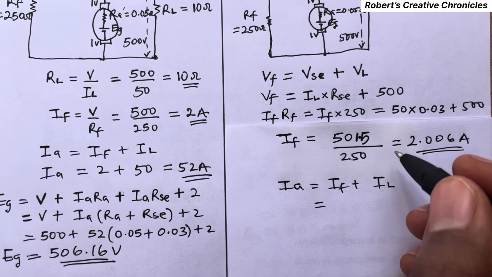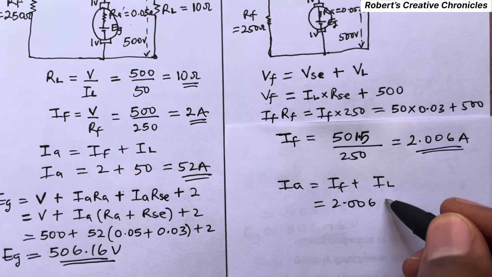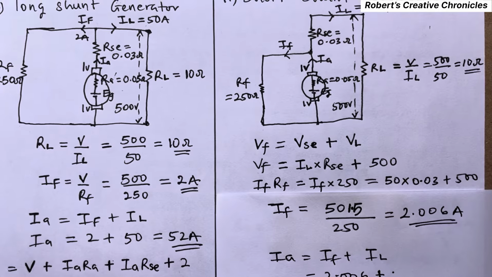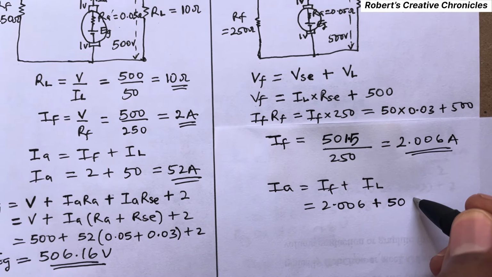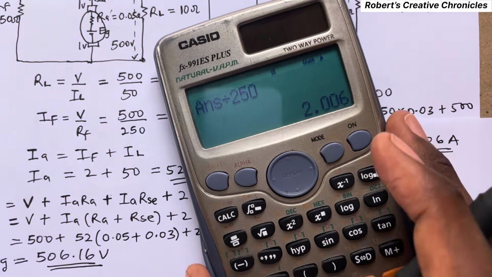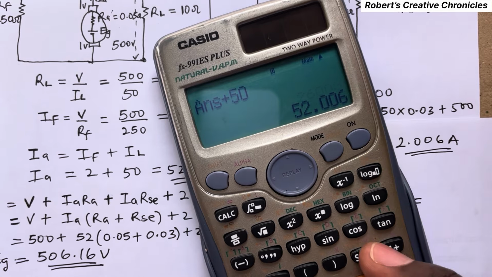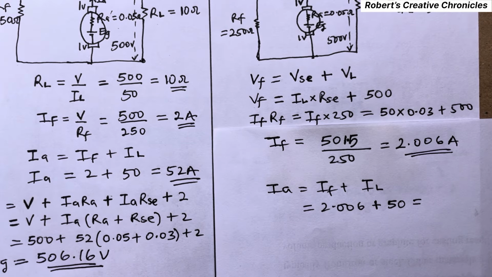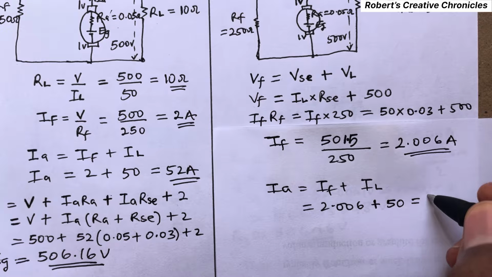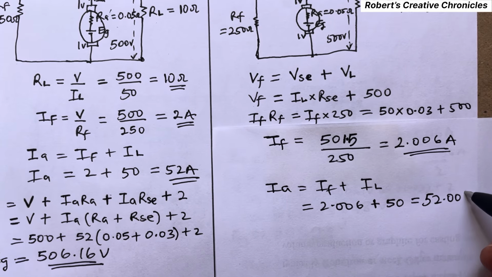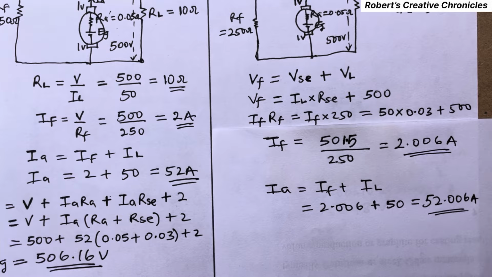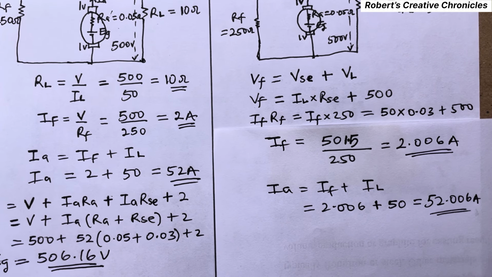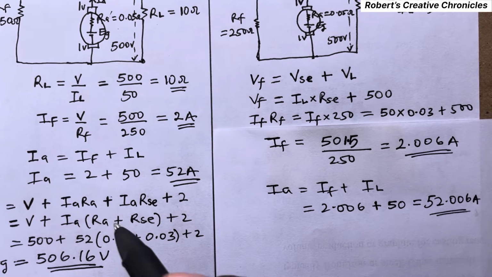IF is 2.006 plus IL, which is 50. This is 52.006 ampere. Then now we can find the induced EMF.